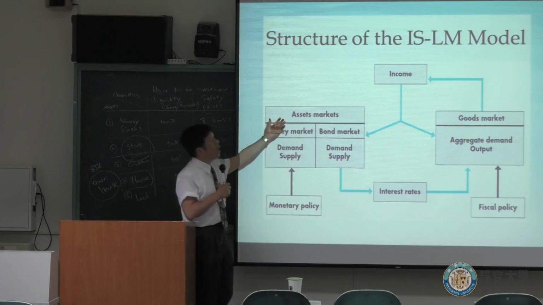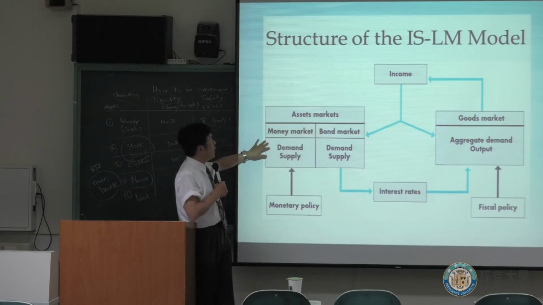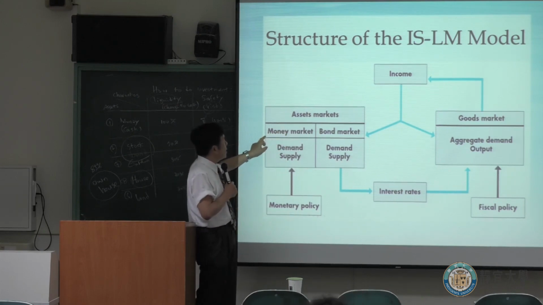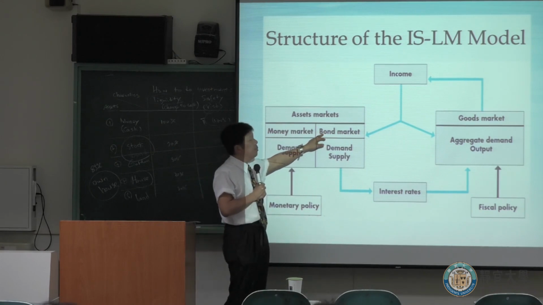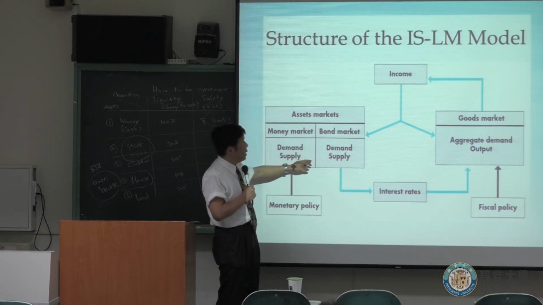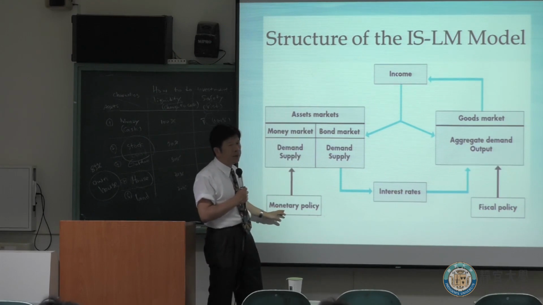This is the structure of the economy. Here you can see the money market, which also has money demand and money supply. The other choice is the bond market, also with bond demand and bond supply. After that, we try to know something about monetary policy, how to control the money supply.